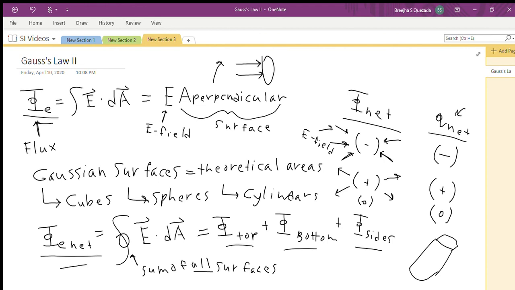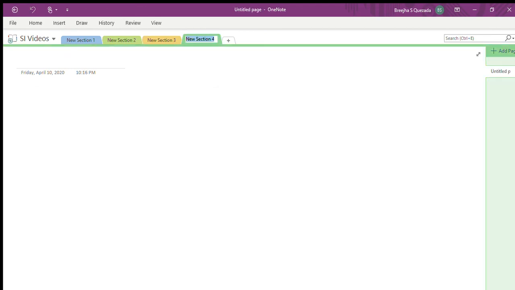Once we understand those properties about flux, we can make the relationship back to charged particles and what we were doing a few lessons ago. We know that the net flux of a Gaussian surface is this E times dA.